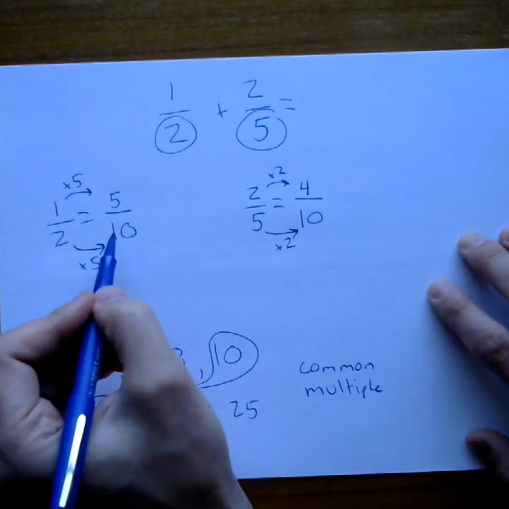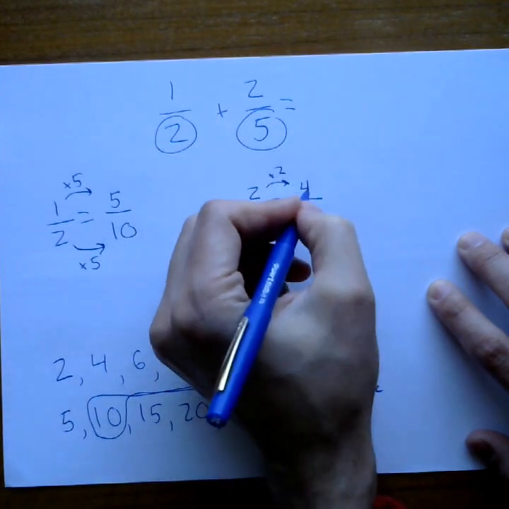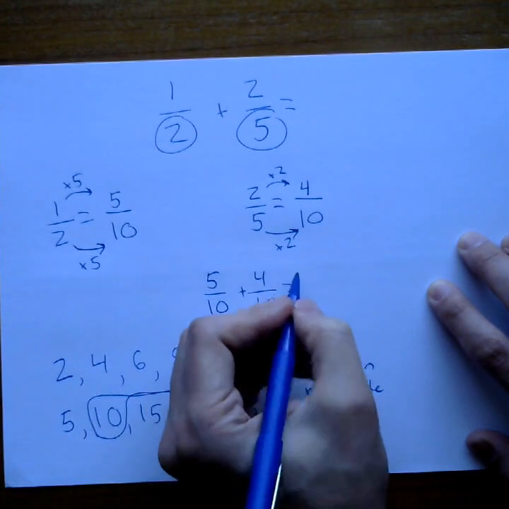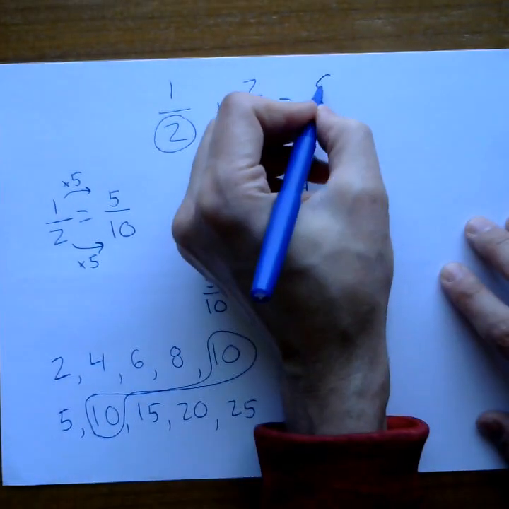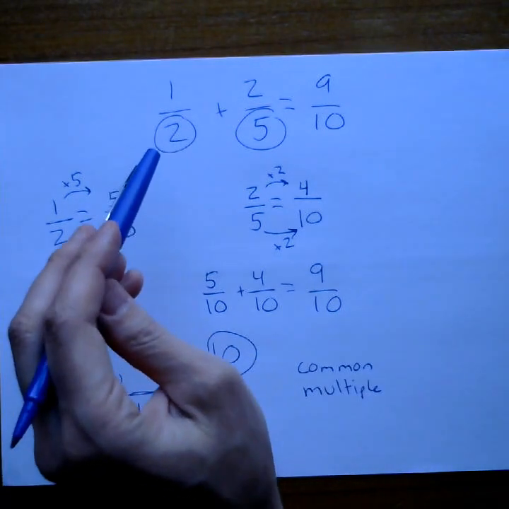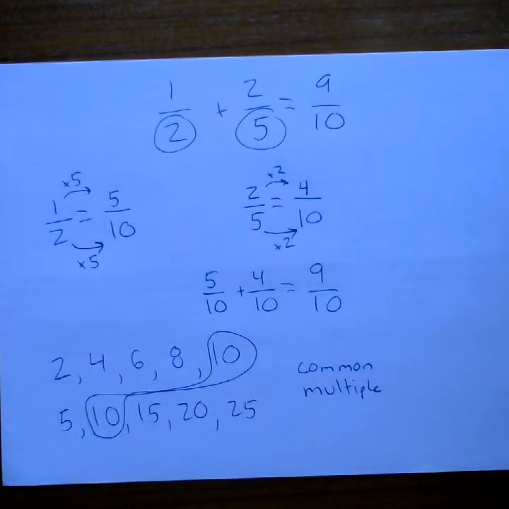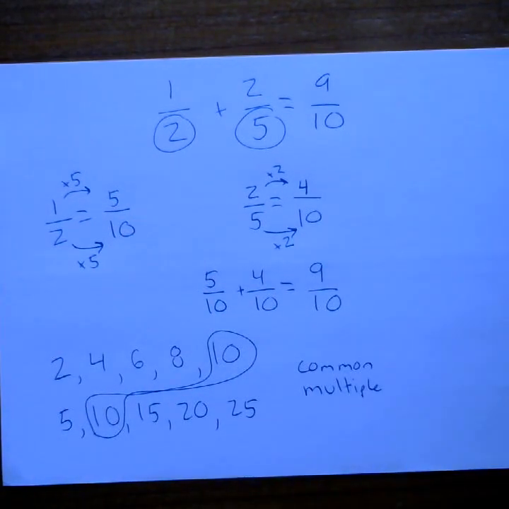Instead of 1/2, we're going to write 5 tenths. Instead of 2/5, we're going to write 4 tenths. And then when we add them together, 9 tenths is our sum. So this is how to find common multiples, so you get a common denominator, so you can add these fractions that have different denominators.